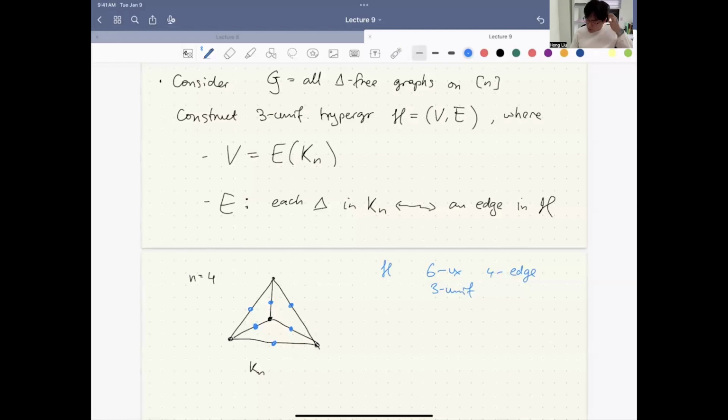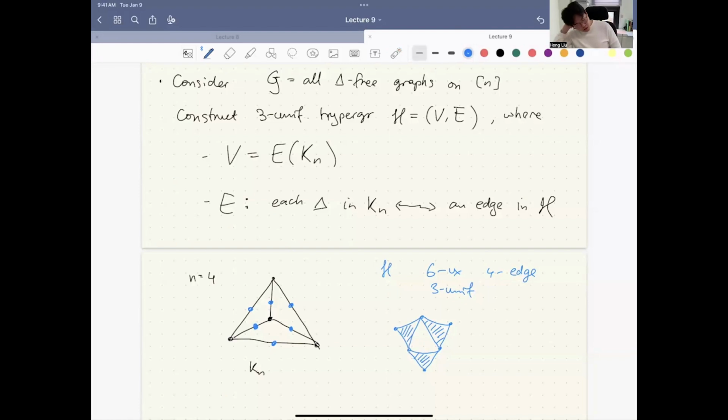So how does it look? You have this is a hyperedge. This is a hyperedge. This is a hyperedge, right? And then there's one more, which is this triangle. So these 3 also form a hyperedge. So how do I draw it?